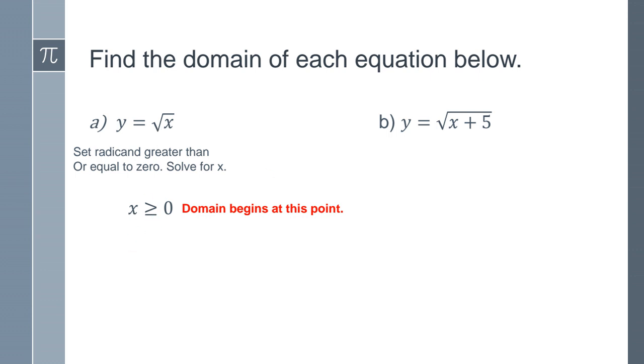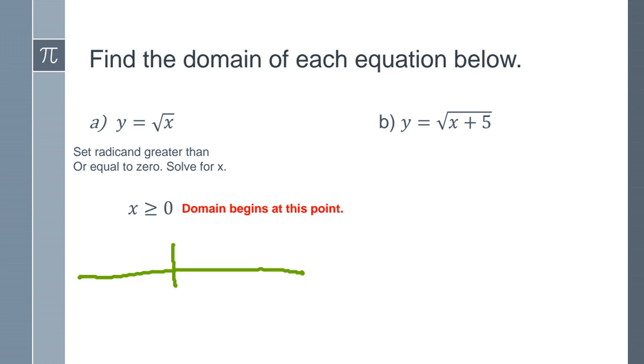And since it's already solved for x, this is actually going to tell us that the domain begins at this point. Okay. So earlier, it was giving us the restriction. This is telling us where it starts. So here we're going to end up with the domain going from 0 to infinity. And so let me just draw this first number line. Okay, so here's my number line.